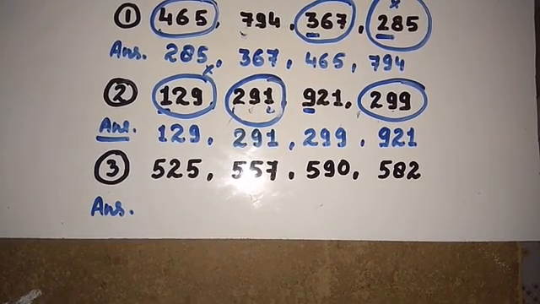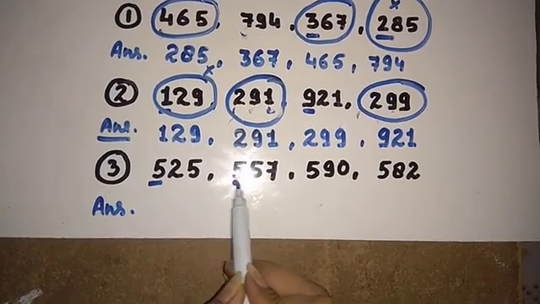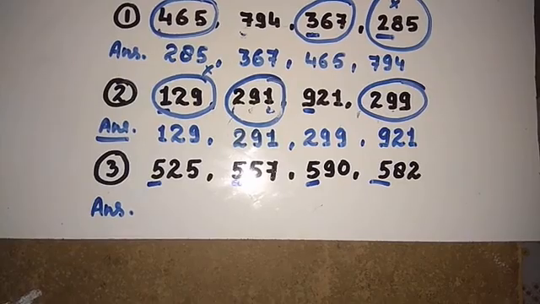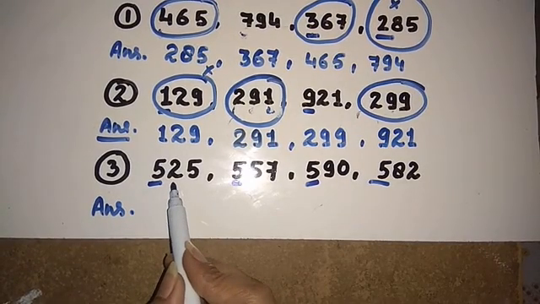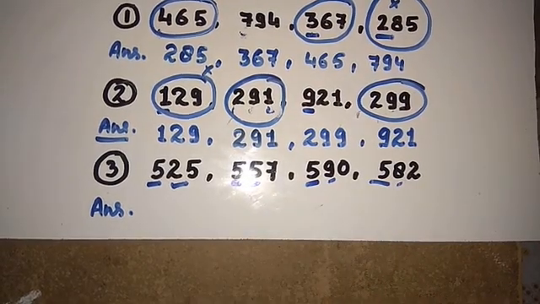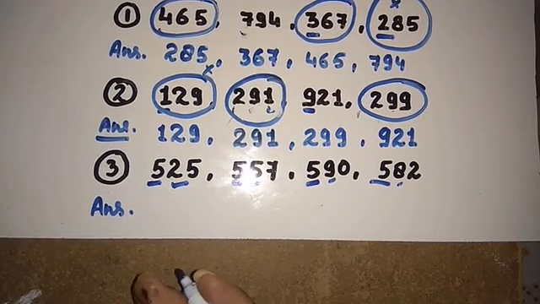First of all, we will check which one is the smallest number. Since these are hundreds numbers, we first check the hundreds place. Which digit is given in the hundreds place in all the numbers? Here 5 is given, there also, here also, there also. It means now we will check the next place value, which is tens. So 2 is given, 5 is given, 9 is given, 8 is given. All digits are different.